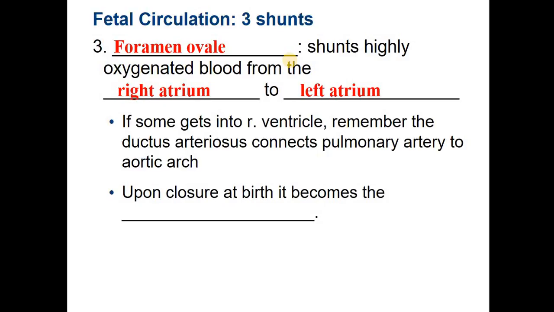But this one helps it to bypass the right ventricle because you do want to give the ventricle time to strengthen, because this ventricle is going to the lungs and back and so forth. Upon closure, the foramen ovale becomes the fossa ovalis. This was the one you saw in your picture in the heart dissection, maybe. It was in the right atrium, in that interatrial septum.